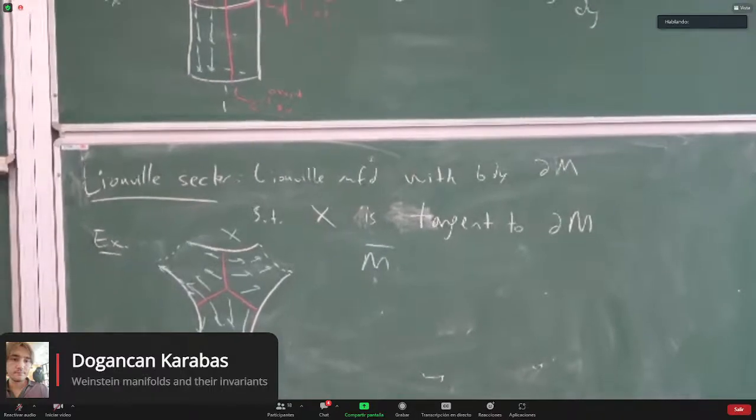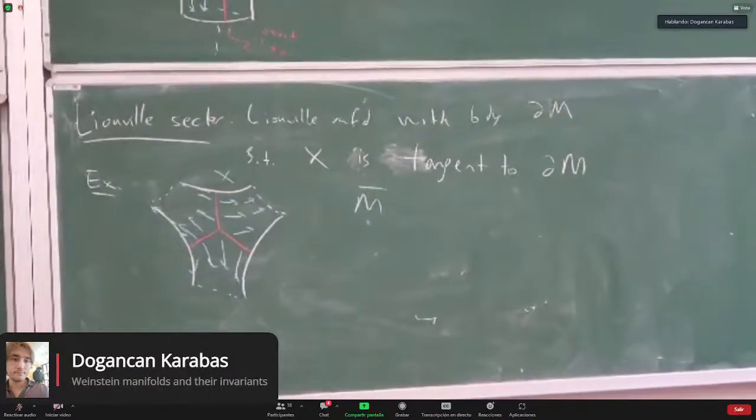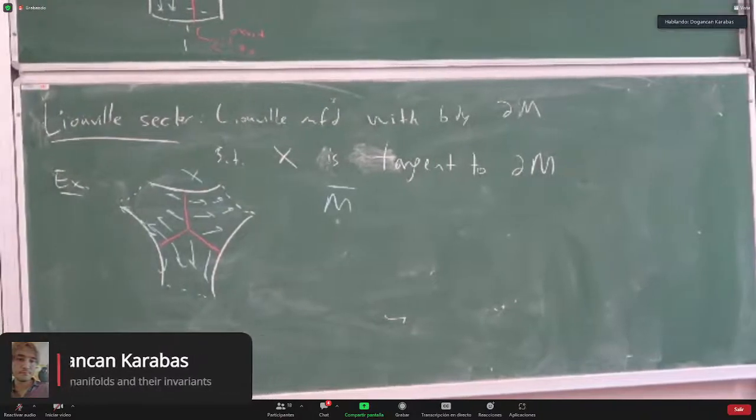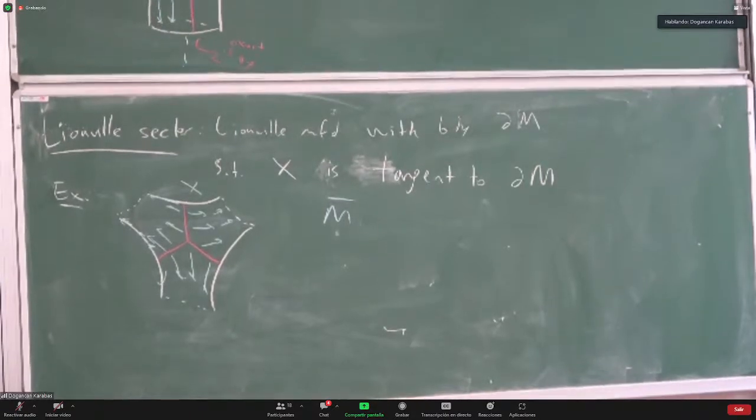Okay, this Weinstein condition, never mind. It just controls the behavior of this vector field so that you don't get a crazy skeleton. I won't write this down, but maybe I can tell you some stuff about this skeleton. In the Weinstein case, any neighborhood of the skeleton determines the whole Weinstein manifold.